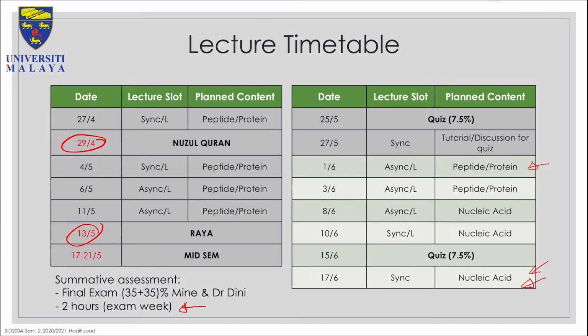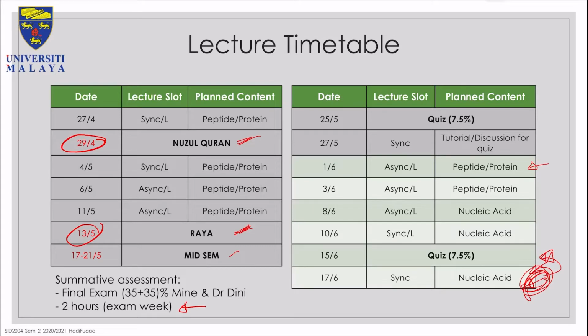If you look at the lecture timetable that was given to you earlier in the semester, or during the lecture on week 8, you see that underneath over here it should be a tutorial to discuss this quiz. But it's very unfortunate that we have two public holidays during our lecture slots.